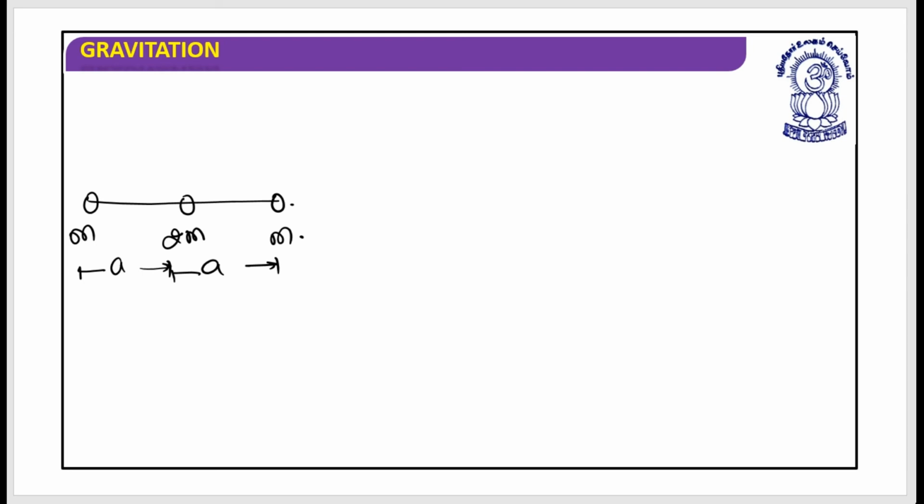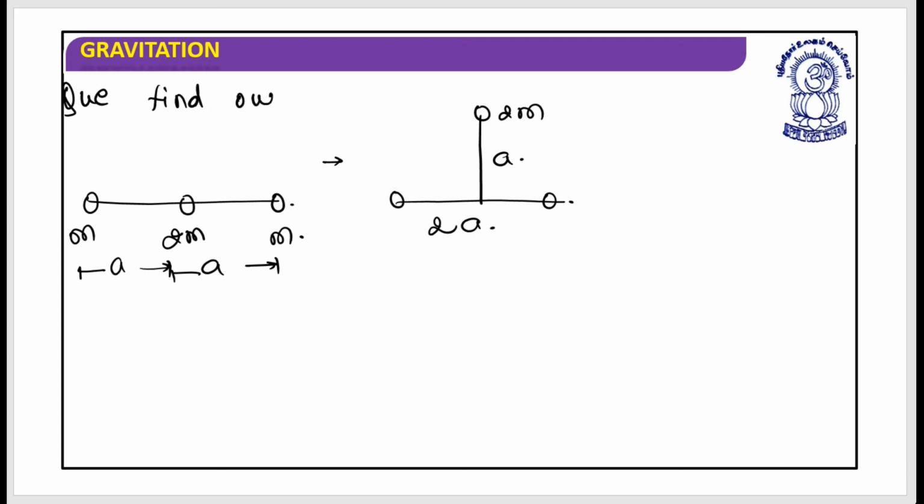What I want next is I'm going to displace this 2M perpendicularly. So this will be again A, 2A, sorry. And this distance is A. So the question is, find out work done required.